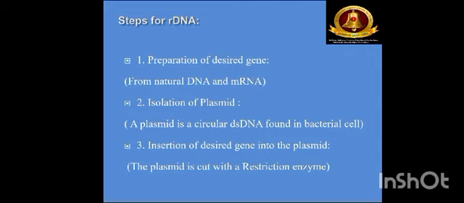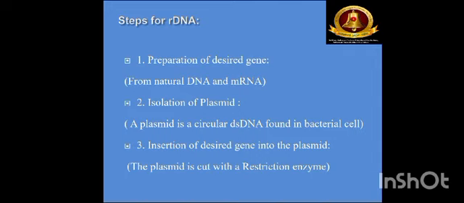First, we take a human mammalian gland. The pancreatic cell produces the human insulin gene. The insulin gene is our desired DNA.